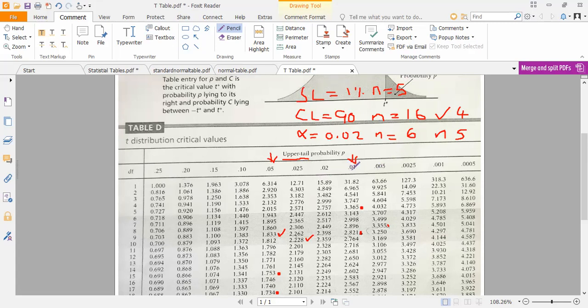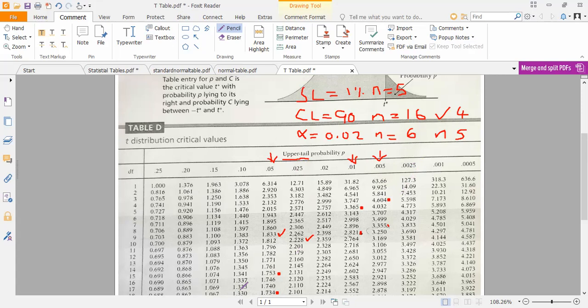So we're looking at this part here. Here you need to be very particular about the decimals because some people get confused. Then this is 1 sample, 5 minus 1, 4. So you go here, under 4, and you're going to get 4.604.